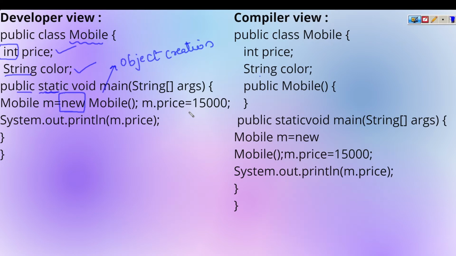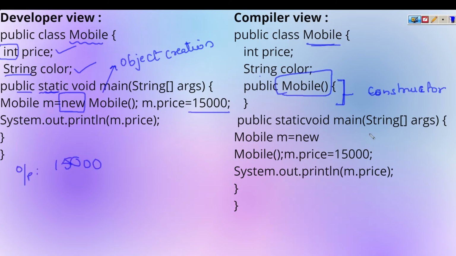Now let us see the compiler view. How does the compiler generate it? The compiler is going to take this class as it is, and it is going to create a constructor with the same name as that of the class. Here, if you see public Mobile, this is the constructor now.